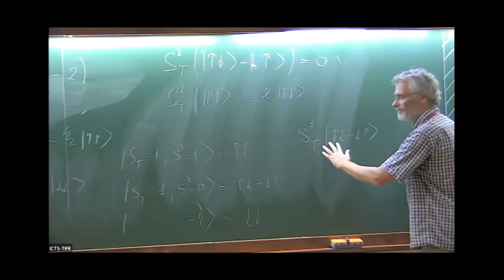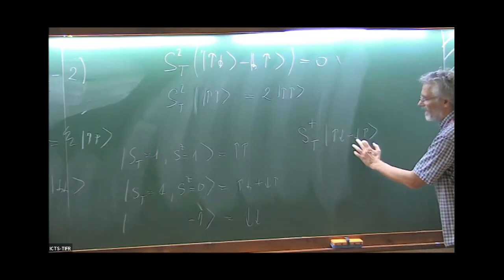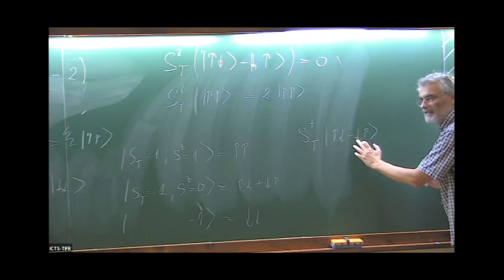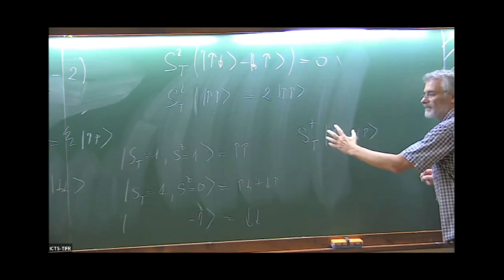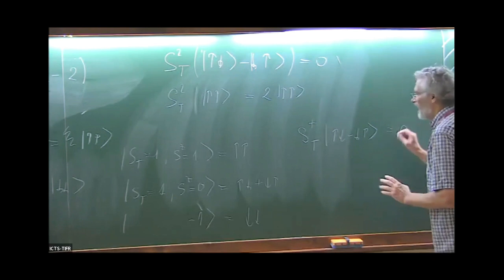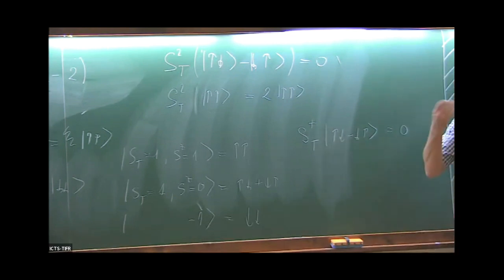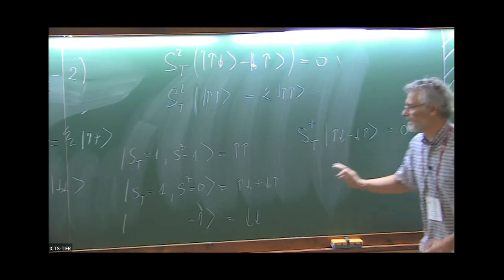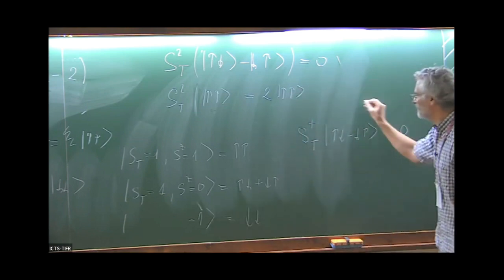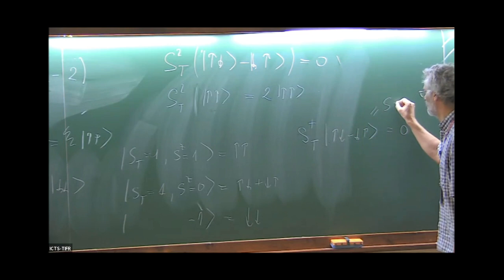It will be up, up, minus, I want to raise the down spin here, it will be also up, up, and the two will cancel. So I cannot raise this state anymore. And if I cannot raise it anymore, and the Sz is equal to 0, this state must be a singlet.